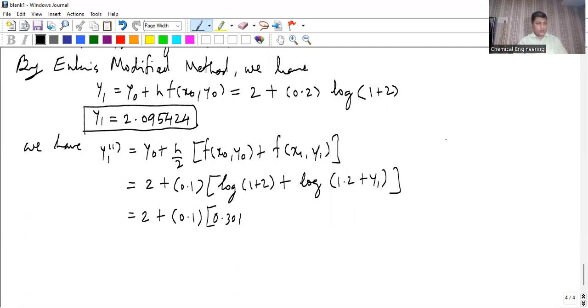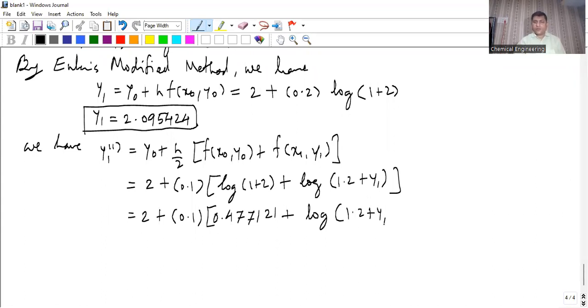Yes, sir. It is going to be 0.477121, because we are going with 6 digits, and this is going to be log of 1.2.